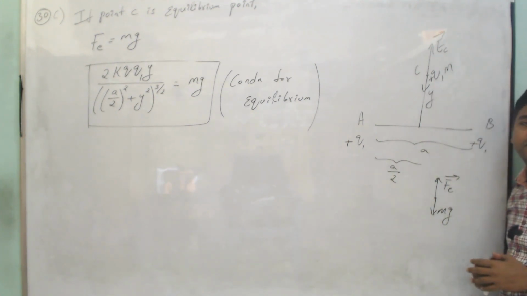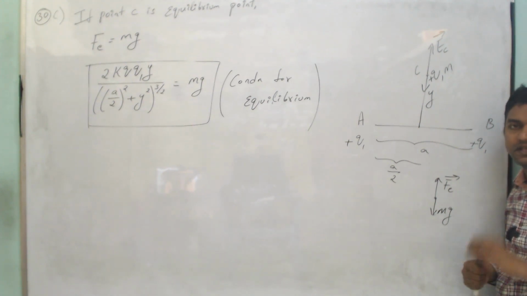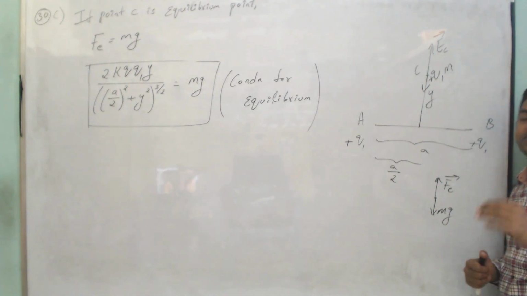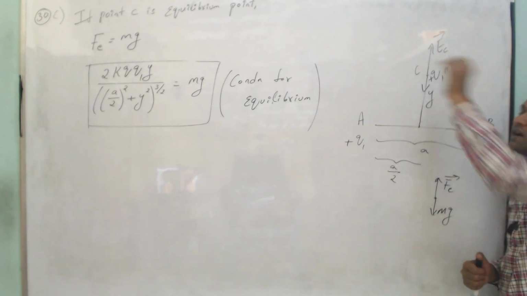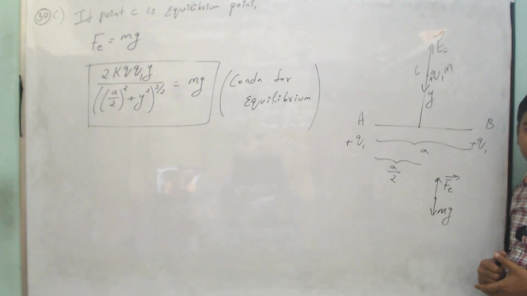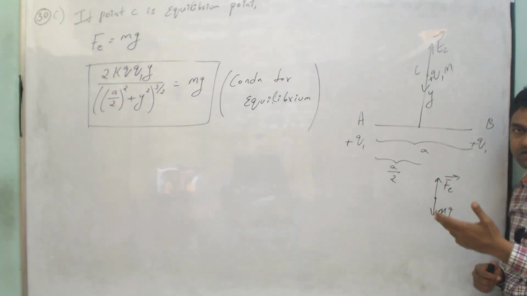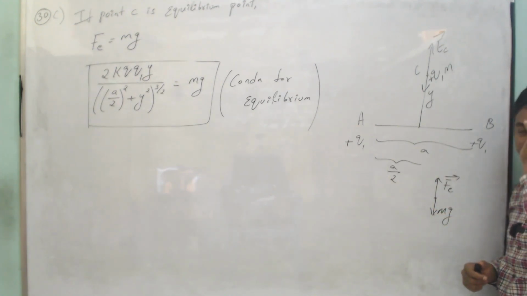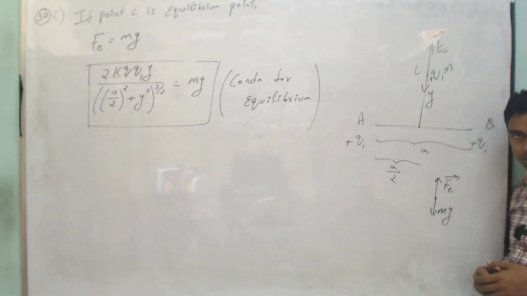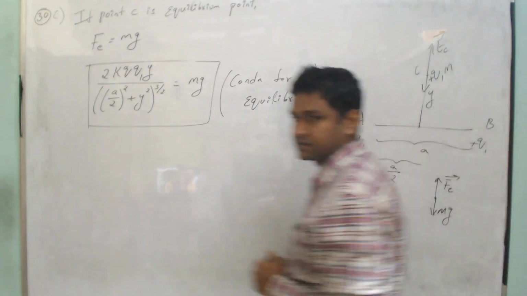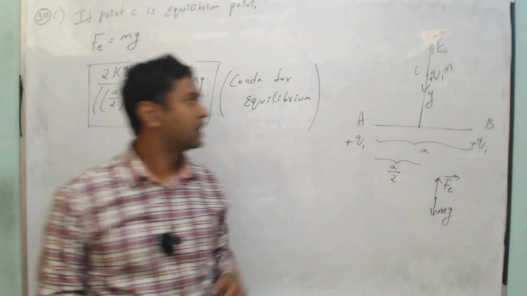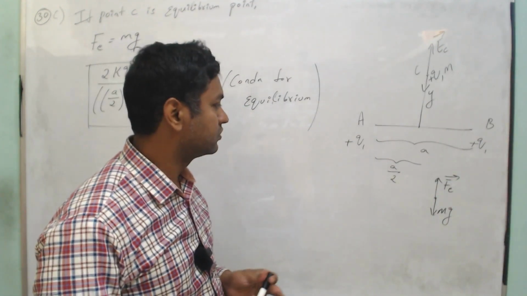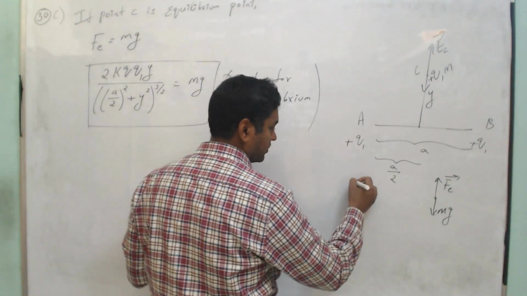The charge at point C is a free charge, it can move. So the question is, will the charge placed at point C be in a stable equilibrium or unstable equilibrium? I will discuss this. Let us draw a new figure.